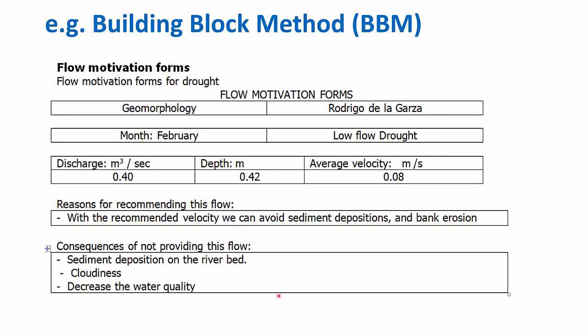And how they look: a given person will mention that during February you may want to provide certain flows that will have this depth and this average velocity, recommended for avoiding sediment deposition and so on.